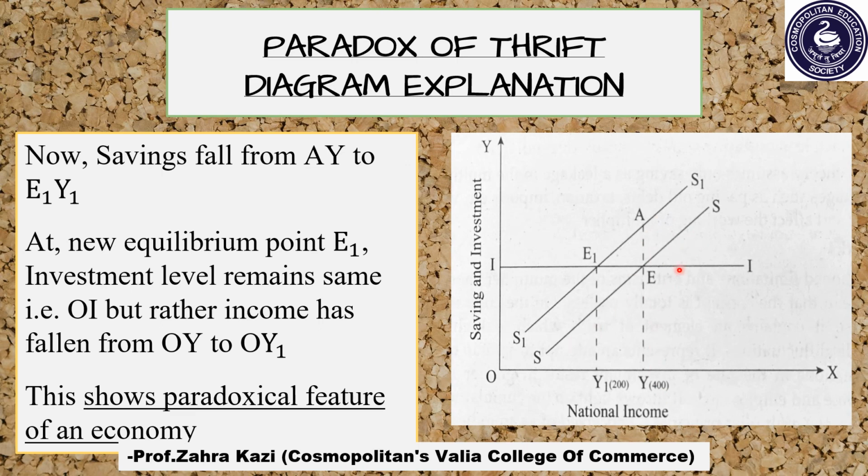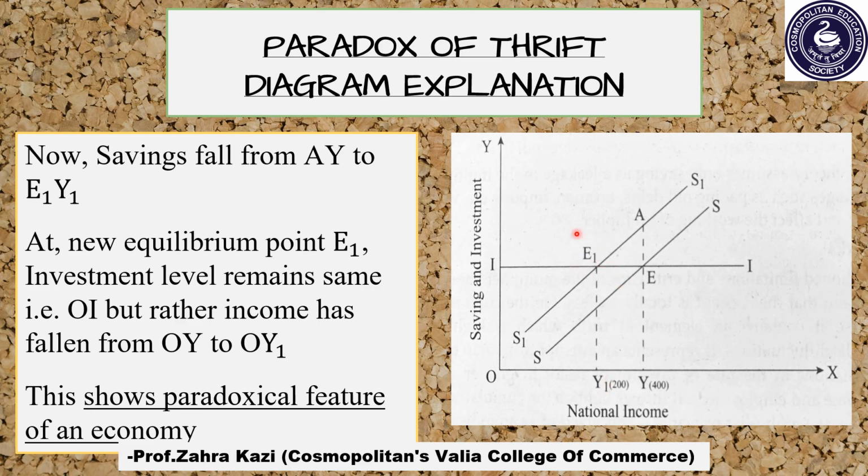Once the curve had shifted upwards to the left, the initial increase in saving was AY, but we will not consider that saving because on the S1S1 curve the intersection point is E1. So this shows the actual saving level, which has actually reduced from AY to E1Y1.